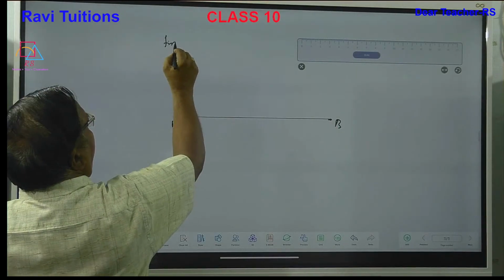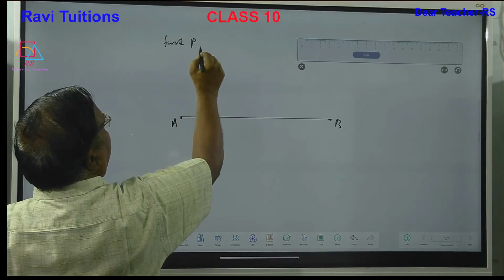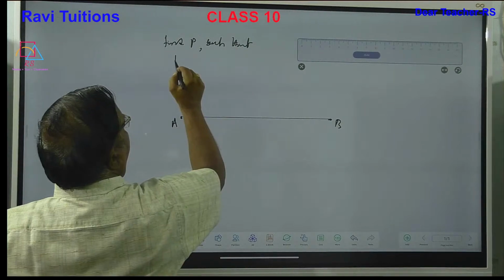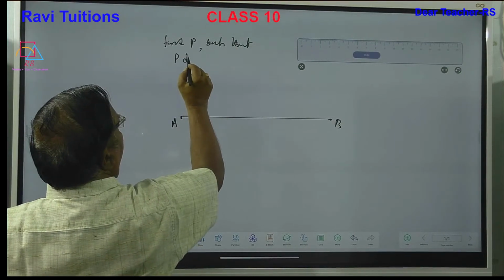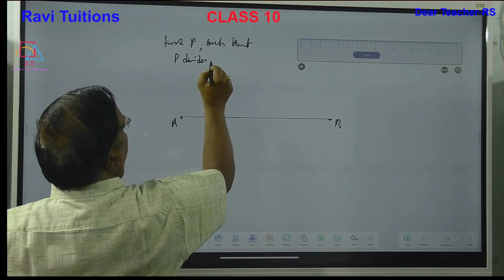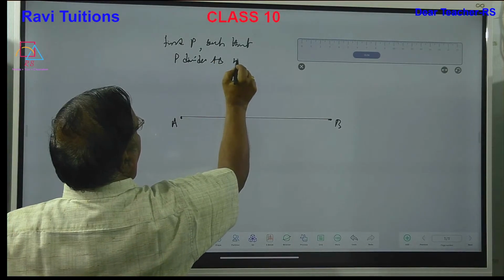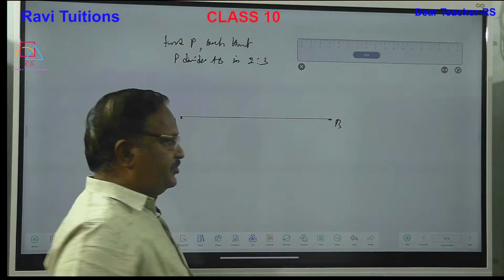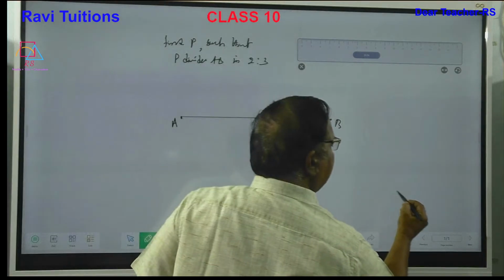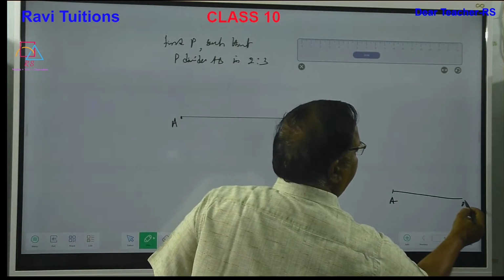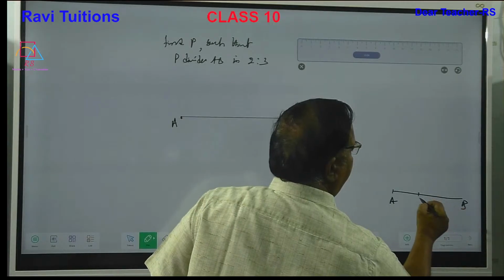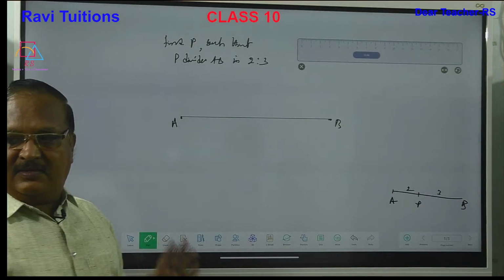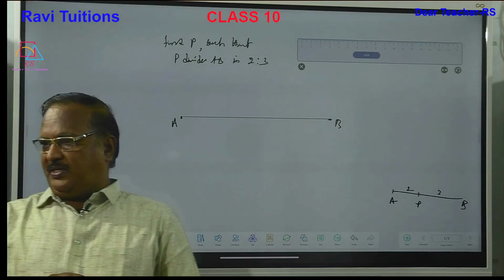Find P such that P divides AB in the ratio 2:3. If you draw a rough figure, AB is the line, and you have to find a P such that this is 2 and this is 3. This is the construction you have to do.